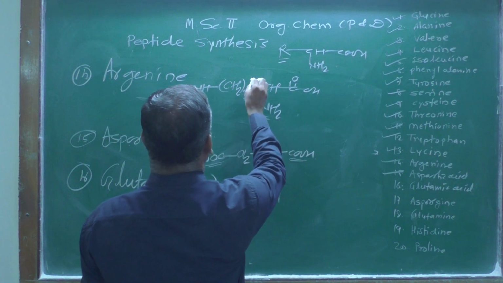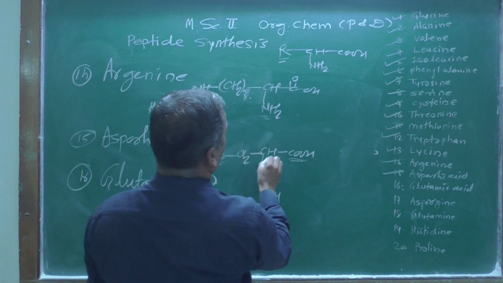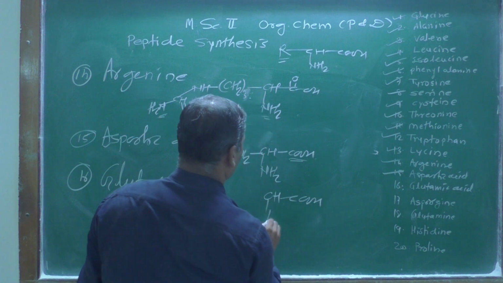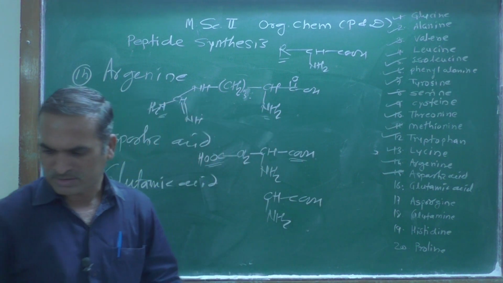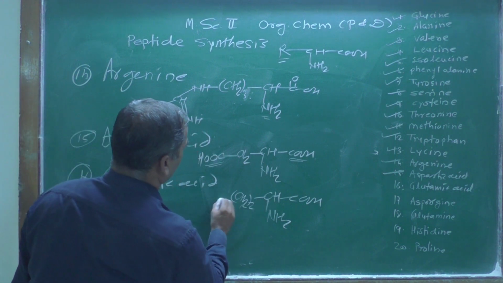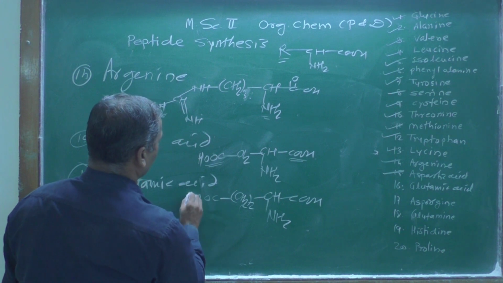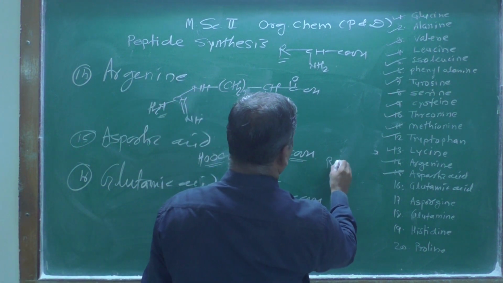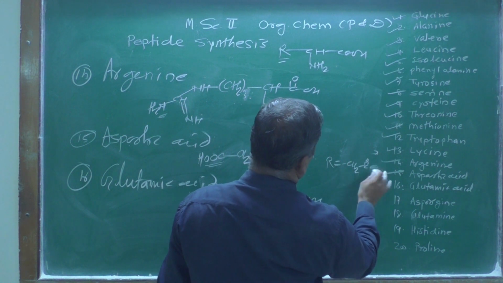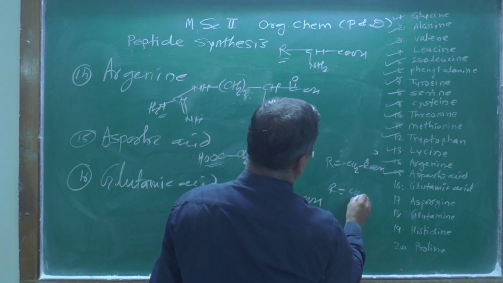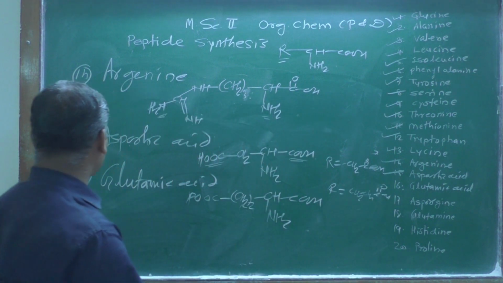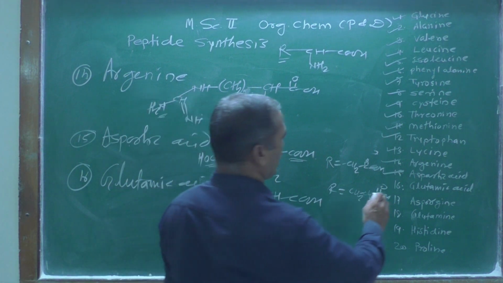Here the R group is this one, and here CH, COOH, then NH2, and then this group further attached to CH2 twice, and then COOH. That is also an acid. Here R is equal to CH2, then C double bond OH, right? So that is the structure of glutamic acid.